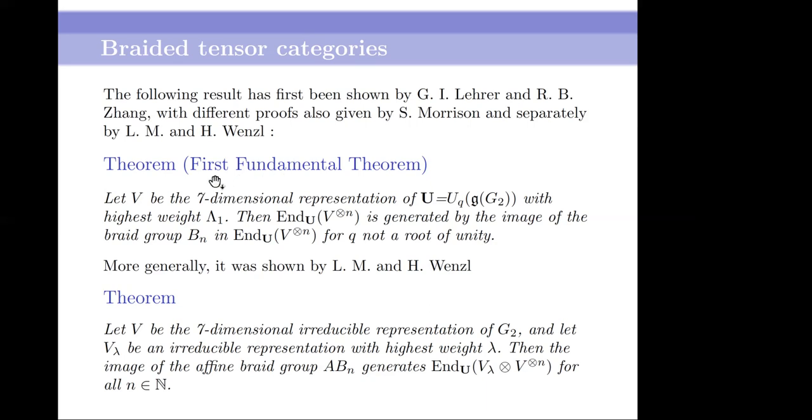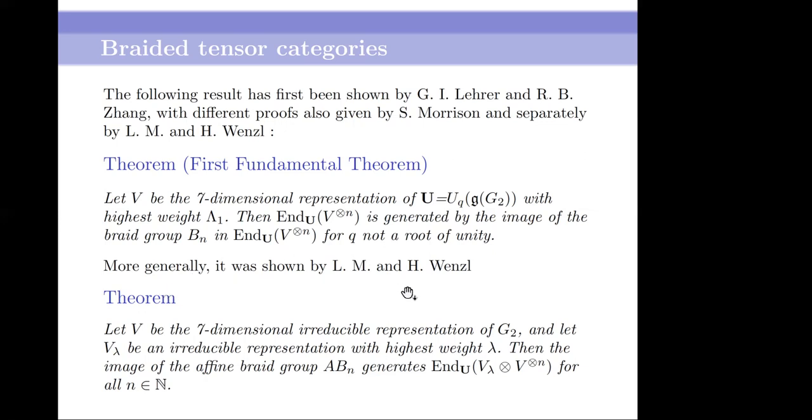We have shown that if V is the 7-dimensional representation of the Drinfeld-Jimbo quantum group corresponding to G2 with highest weight lambda 1, then the centralizer algebra is generated by the image of the braid group in it, for q not a root of unity. We use very different proofs from the previous results, and in particular, we don't use any computer computations.